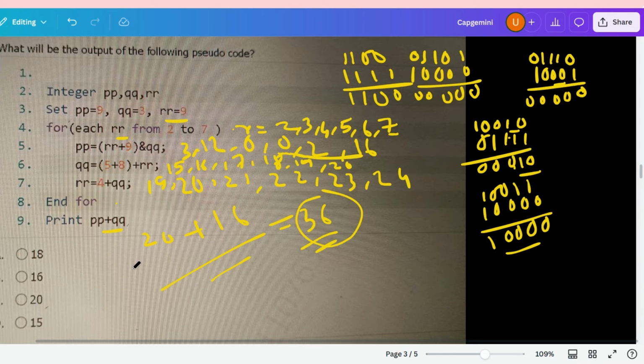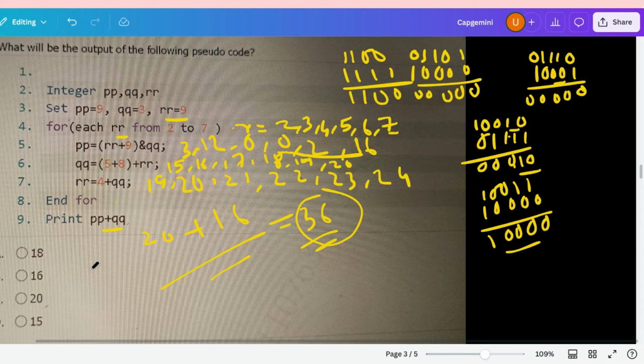So in case the answer is anything close to 36, just tick this, or you can tick 16 or 20 as well, because it can be a mistake from their side. If it is print P, then the answer would be 16. If this is print Q, then the answer would be 20.